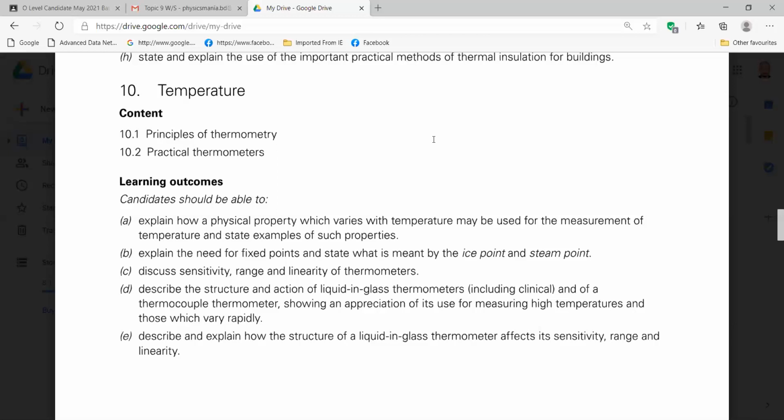Which one is called lower fixed point to calibrate a thermometer? Then you write another one, steam point.